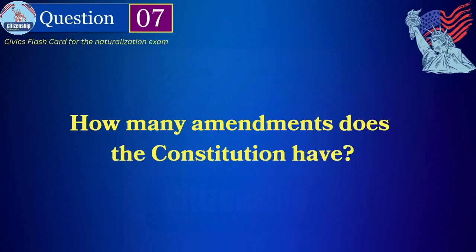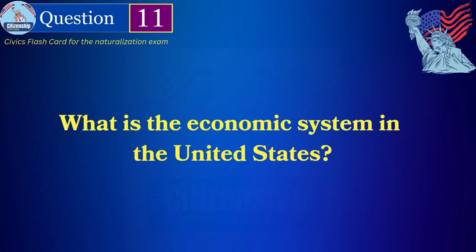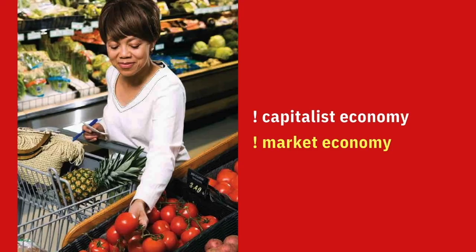How many amendments does the Constitution have? 27. What is the economic system in the United States? Capitalist economy.